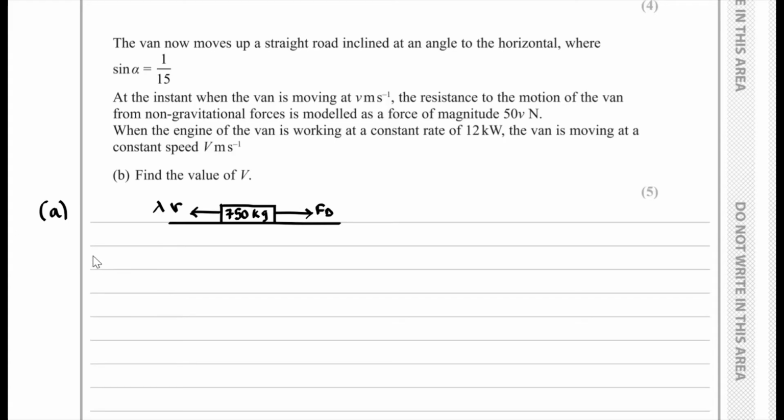So using P equals Fd times by V, we've got 18,000 equals Fd times by 15. Of course, Fd, you'd find this to be 1200 newtons.